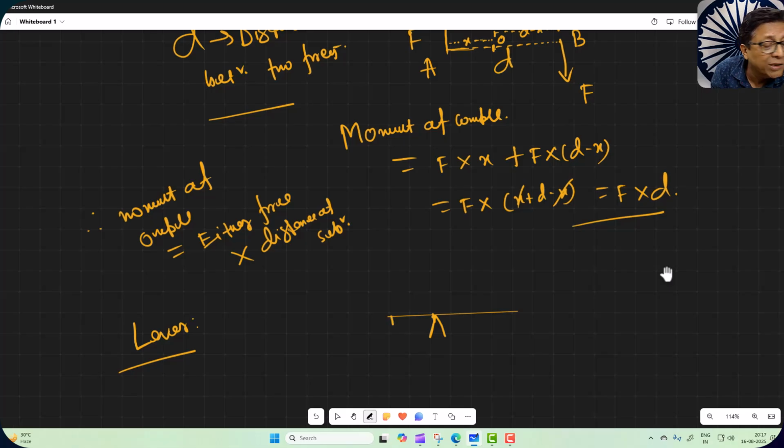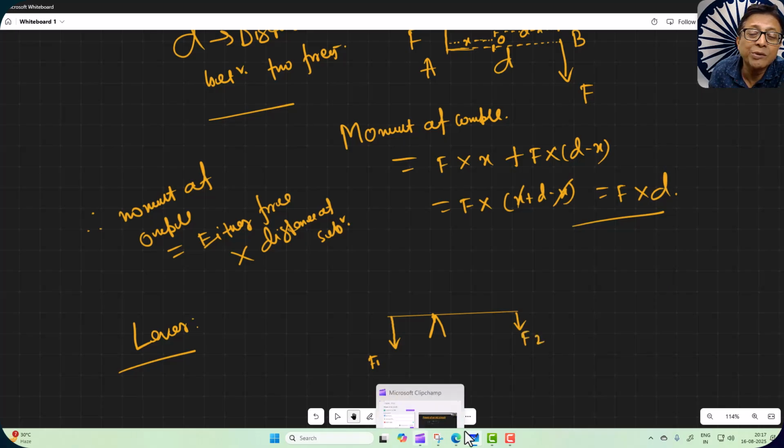Suppose there is a load here at this end, which is F1, actually the weight of some object, and you have applied another force F2 here, and this is the point about which you are balancing. Okay?